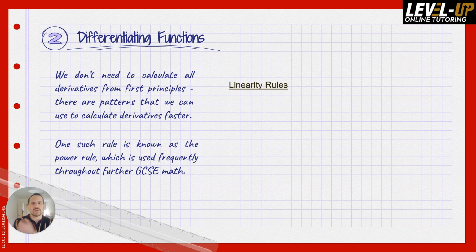So a couple other rules we want to be familiar with are what are called the linearity rules. So this is a few different rules we want to be aware of. Say a is some constant number, like 5, 10, 7, any number. If we do a derivative of that with respect to x, it's always going to be 0.